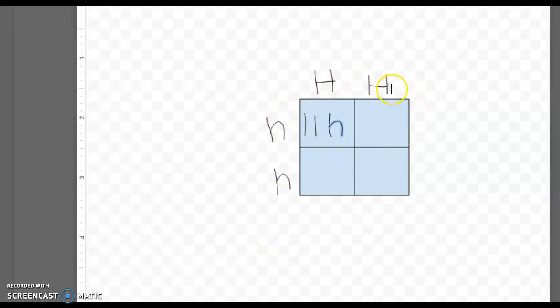Over here, we'll bring this big H down, and this little h will come across.